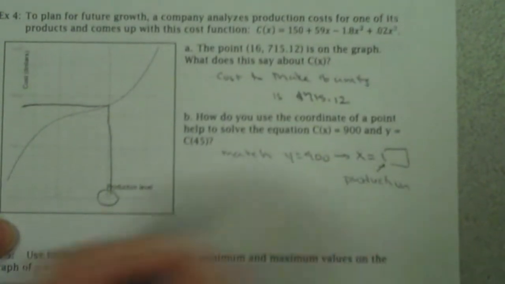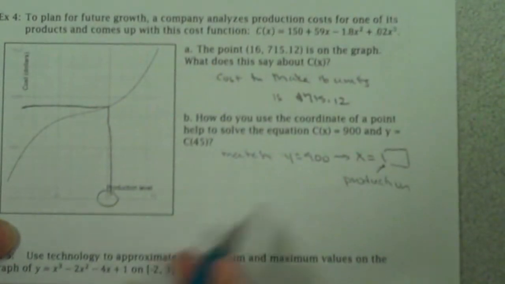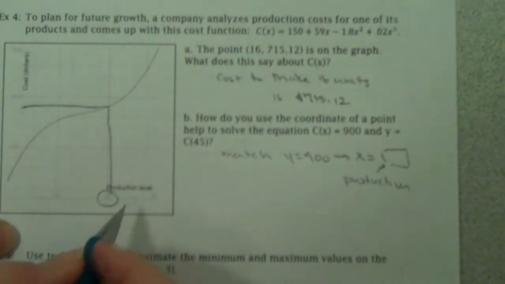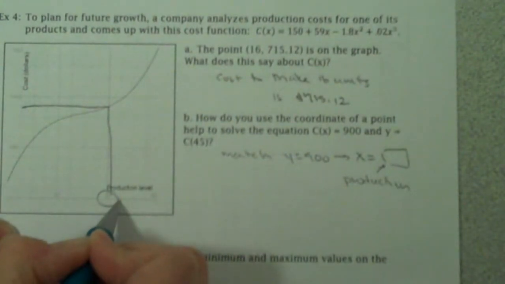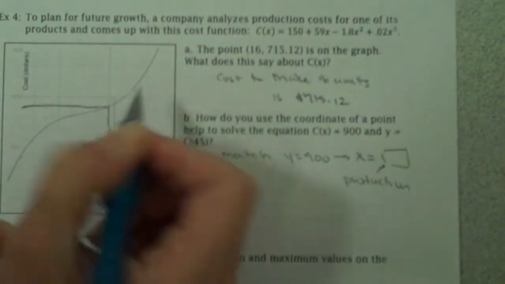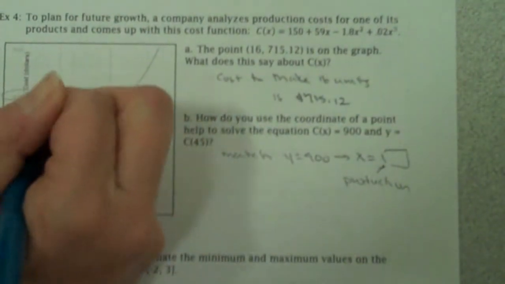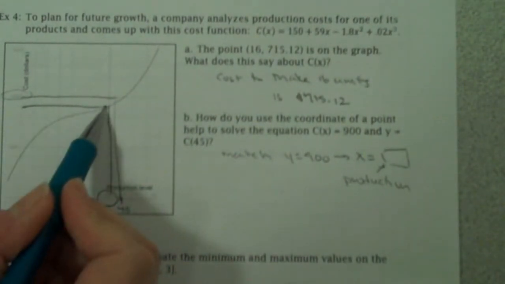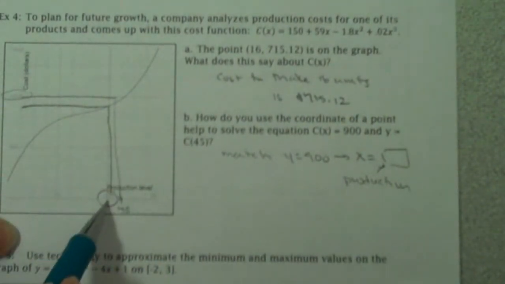And then if you work backward, and you're trying to figure out C of 45, what does that mean? Then you're going to be going at the 45 on your x-axis up to the curve and back over to figure out a cost. So if you're given a Y value, you could follow it along and come down and get an X value that matches with it, a production level.